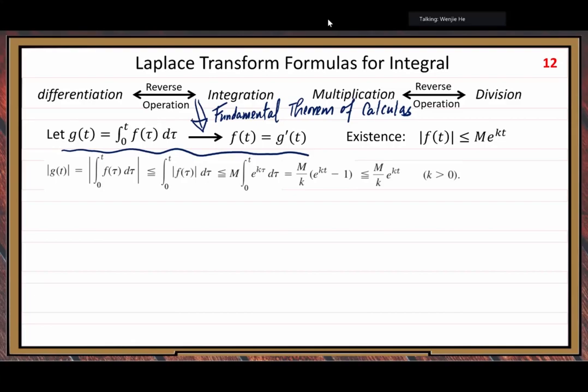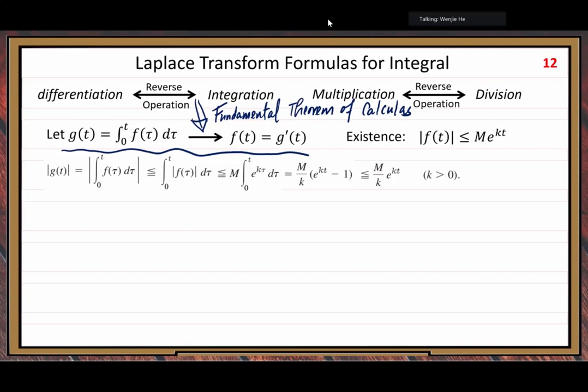Then we have this constant here. You can see the absolute value of the g function also satisfies a similar form to that function. The constant is slightly different, capital M over K, but the structure is the same. So this tells us we have no problem. We can apply Laplace transform on the g function.